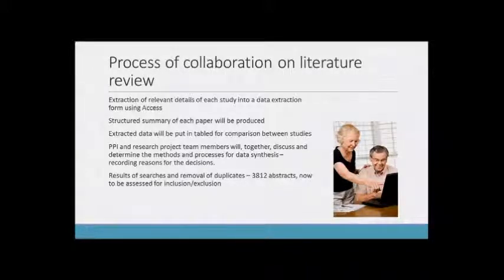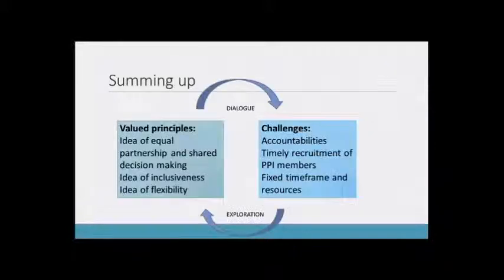And again, the question of energy, attention, interest. At the moment, we've got 382 abstracts to be assessed for inclusion-exclusion. No doubt that will come down drastically, but still, needing to balance that for people's attention.